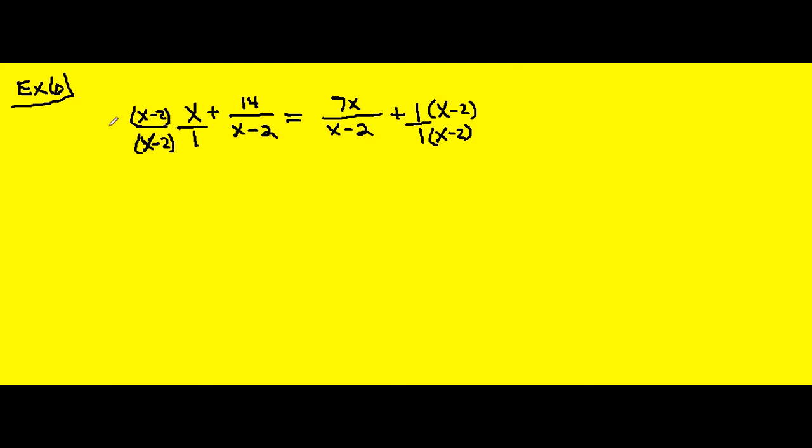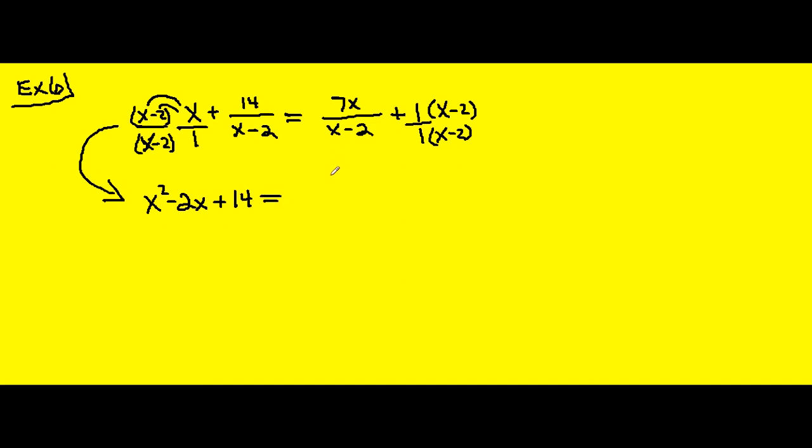Good. Alright, so let's go and simplify this numerator. So I'm going to have x squared minus 2x. That's the distributive property, right? I'm going a little backwards here, but that's the way I laid it out, and that's the way it can be. Then it's going to be plus 14.